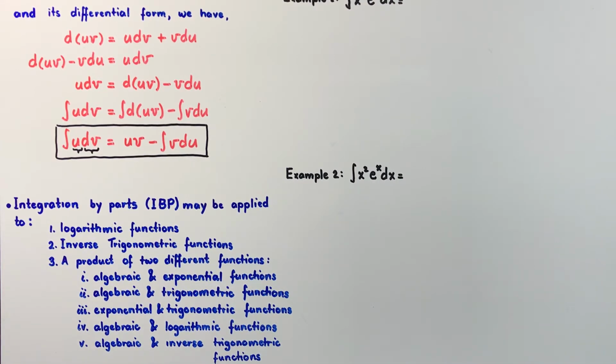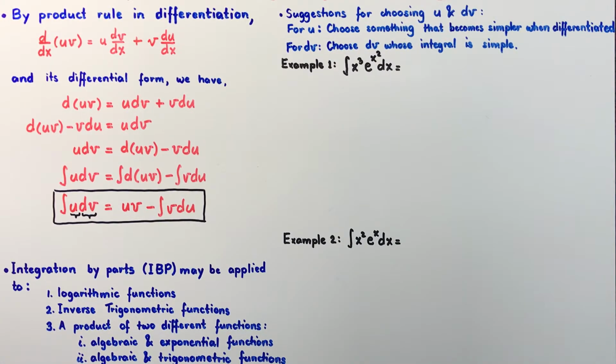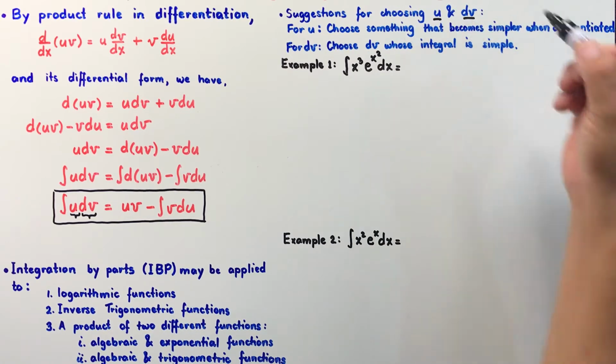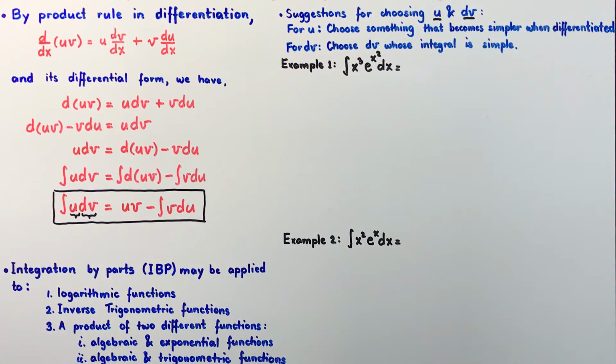So if you have an integrand which is a product of two different functions that fall in these categories, then you may apply integration by parts, which I abbreviated here as IBP. Again, there is no general rule for choosing which part of the integrand is the u part and which part is the dv part, but there is a suggestion for choosing a correct u and a correct dv.